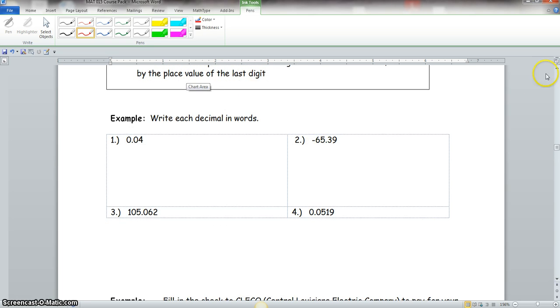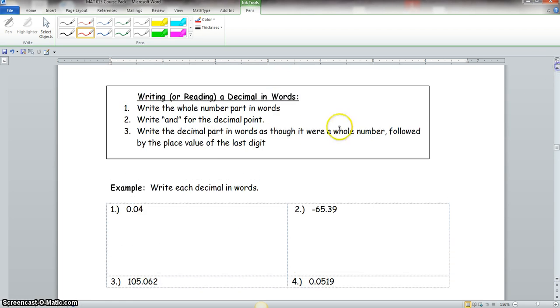Now, one thing that the directions didn't say is what to do if your lead number before the decimal is 0. If your lead number in front of the decimal is nothing else but 0, you do not write what this number value is here. You go straight behind the decimal. So our answer here would be 4. And then this 4 is in the hundredths place, so it'll be 4 hundredths. Now, this right here, we have -65 and 39 hundredths.